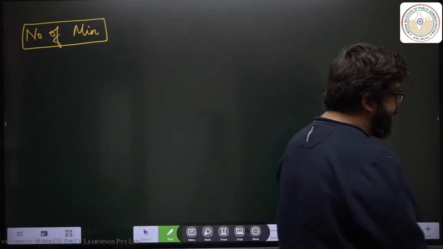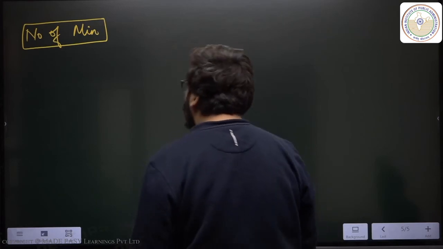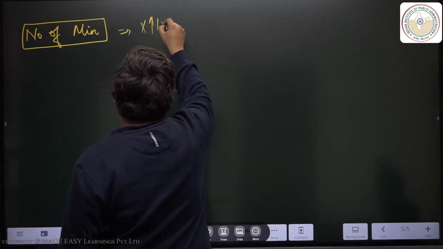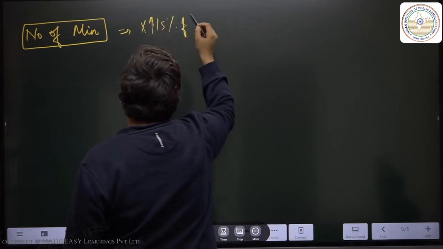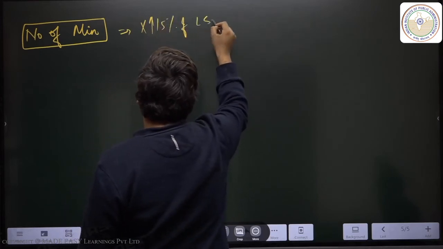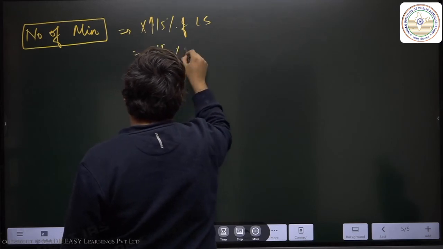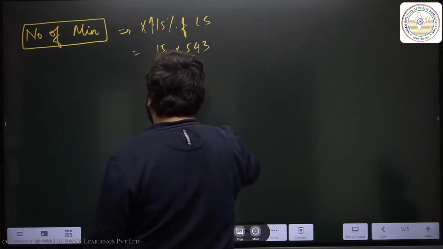Yes, around 80. Very good. This cannot be more than 15% of the strength of the Lok Sabha, which is 15% of 543.